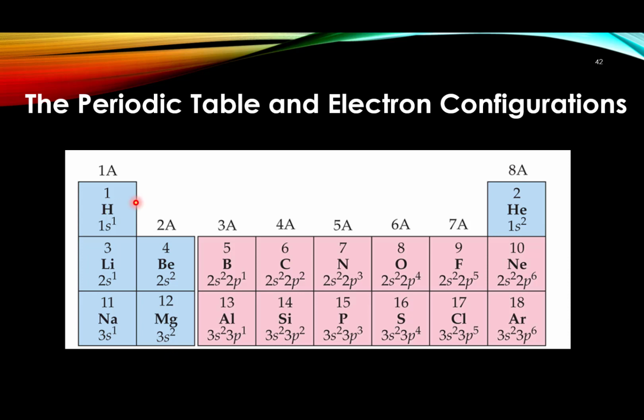Again, hydrogen and helium are the exception to the rule. Although they are non-metals, we are filling the s orbital. And look at boron, carbon, nitrogen, oxygen, fluorine, neon, argon, chlorine, sulfur, phosphorus, silicon, aluminum. These are all non-metals. You will see the very last subshell that we are filling in is the P.